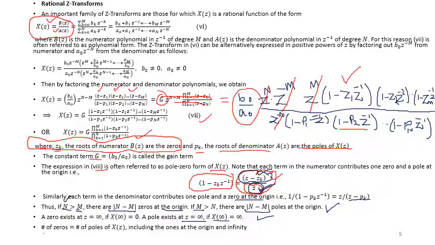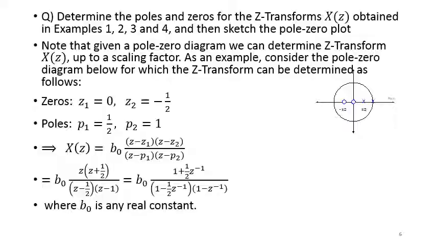So the number of poles is equal to the number of zeros in X of z, and these include the ones that are at the origin and infinity. So your homework is to determine poles and zeros for the Z transform obtained in examples 1, 2, 3, 4 of the Oppenheim book.